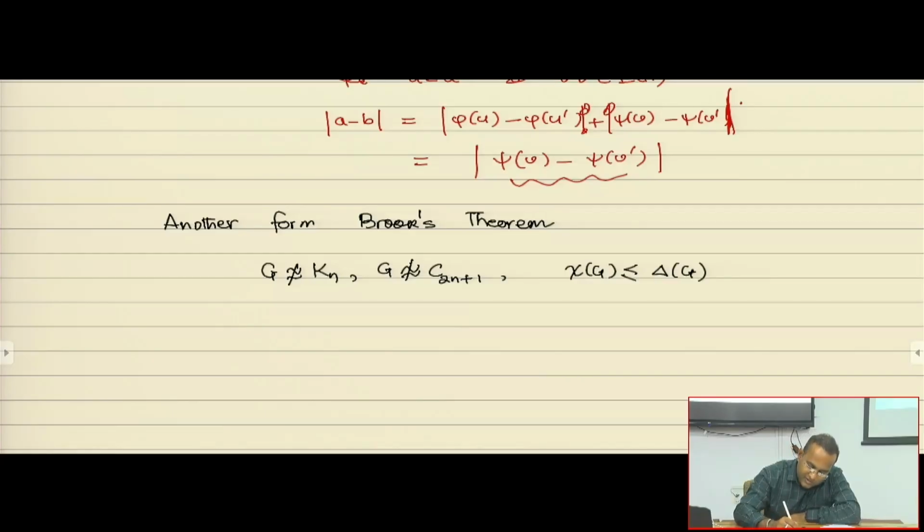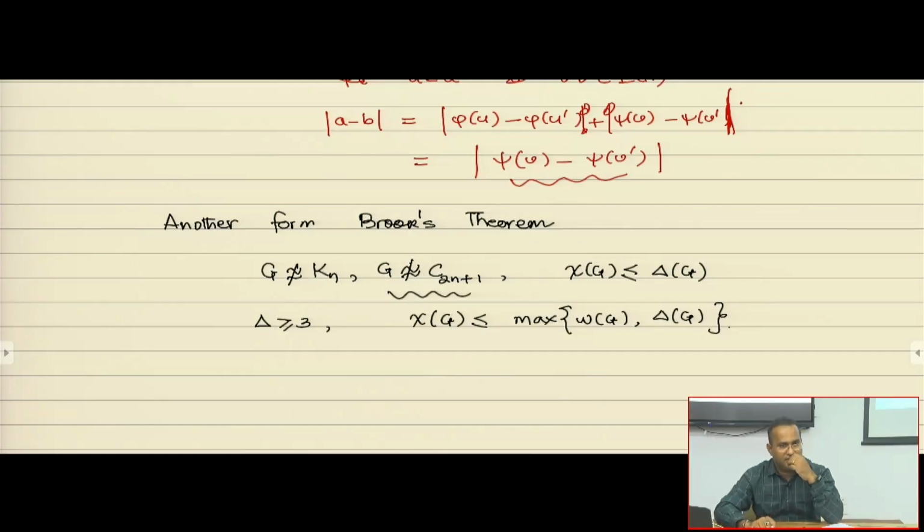So here, suppose we want this thing, let us remove this. What is the degree of this thing? 2, right? So if we say that delta is greater than 3, can we say that chi of g is maximum of omega of g and delta of g?